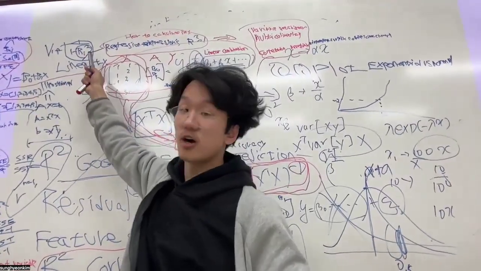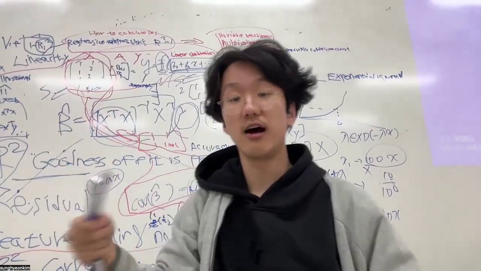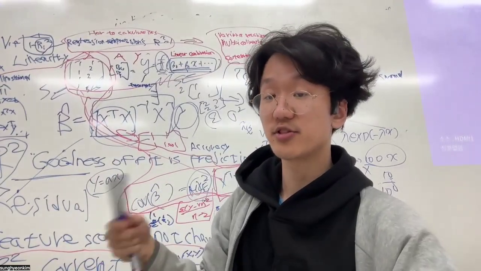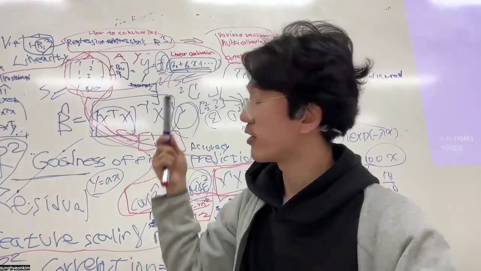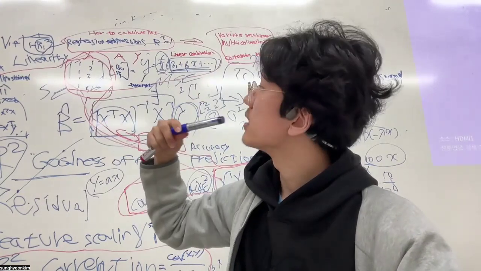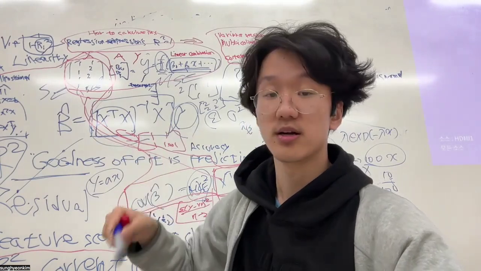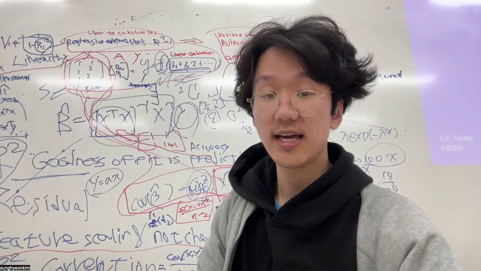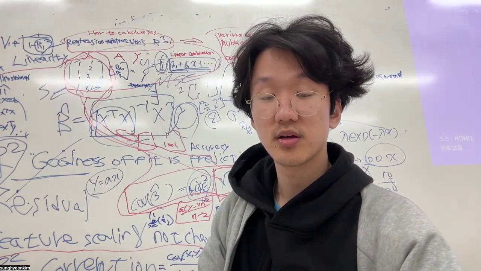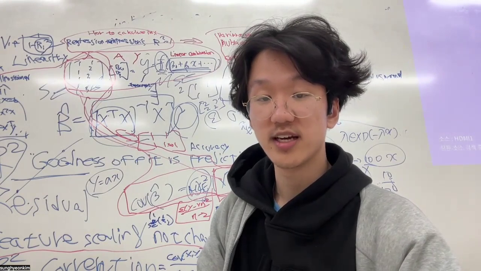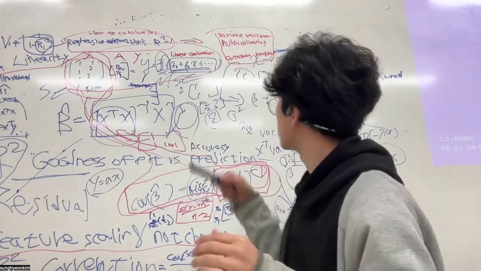This part comes out. So if Rj squared, which is the R squared of that variable, gets high, then we say multicollinearity is too high.